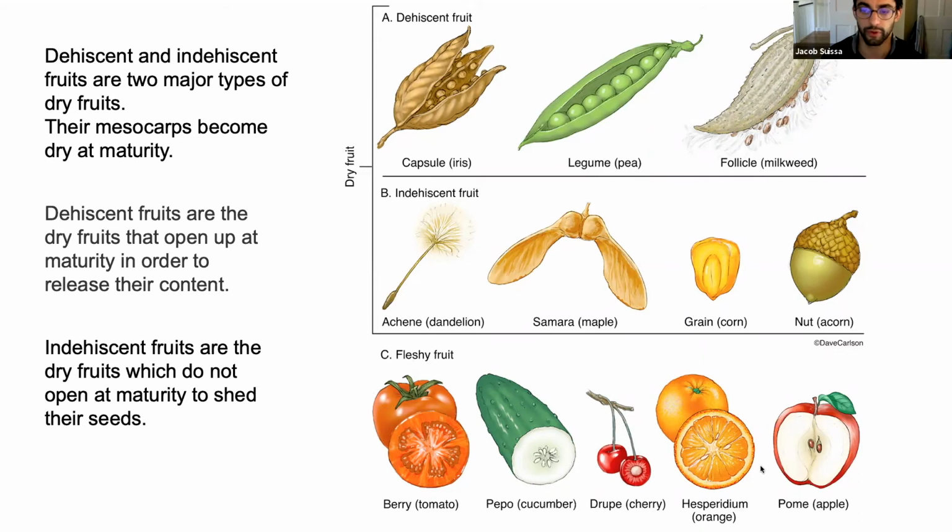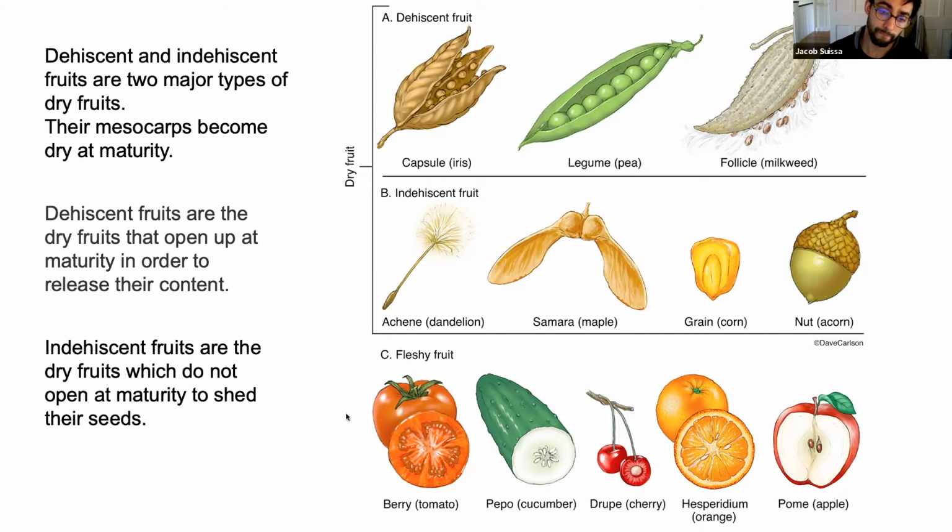So essentially you can have dry dehiscent and dry indehiscent, and almost all of your fleshy fruits are going to be indehiscent, but there are some fleshy dehiscent fruits, though it's much rarer. And the idea here is, if you have a dry dehiscent fruit, you're probably most of the time going to be dispersing your seeds by the air, or the ocean, or whatever.